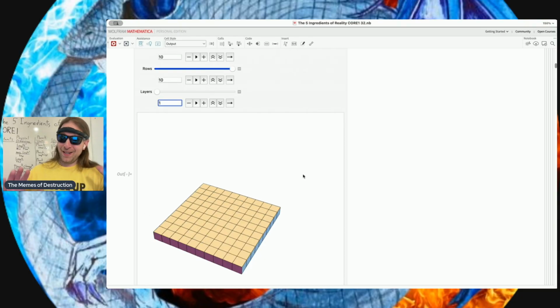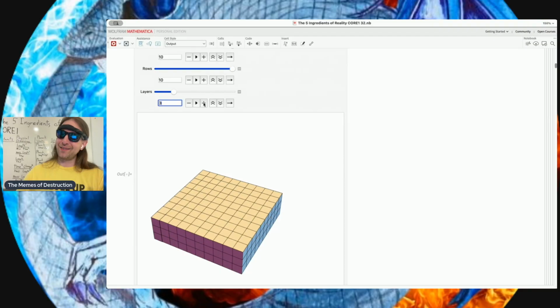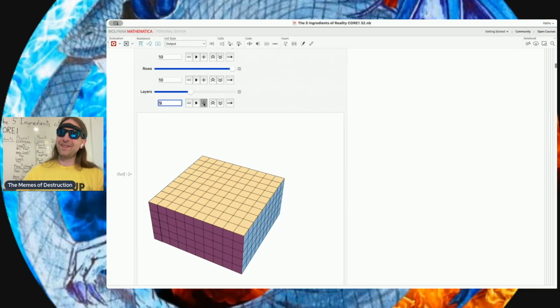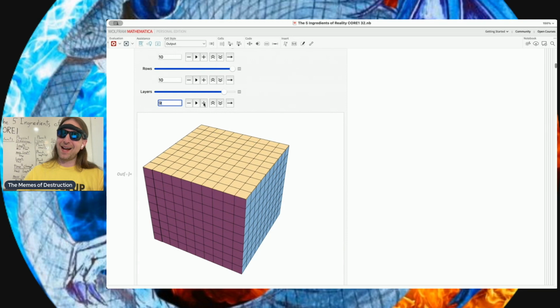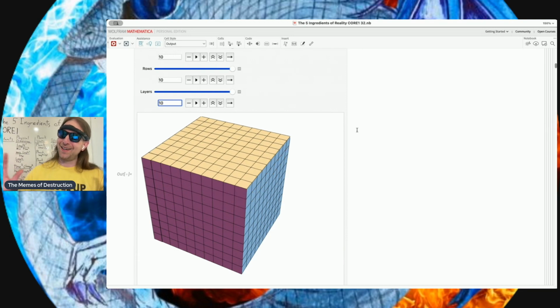At least back when it was defined, we would now have 100 grams. But the kilogram has kilo. That means it's 1,000. So we're going to need 10 of these layers. So we've got 100 grams, 200, 300, 400, 500, 600, 700, 800, 900, 1,000. We've achieved the kilogram by historical measure. Cool.